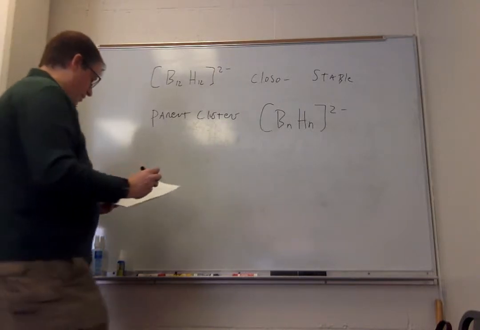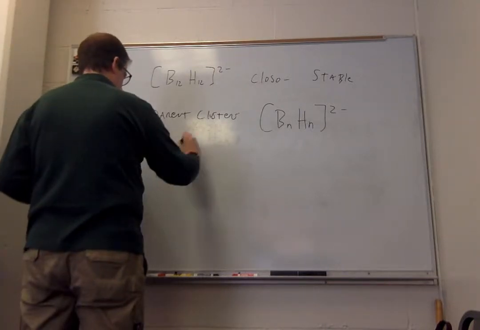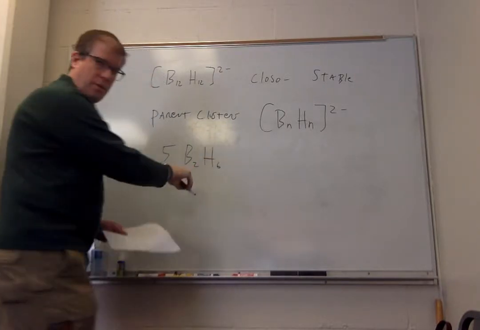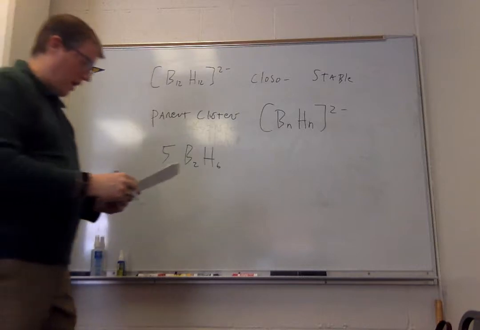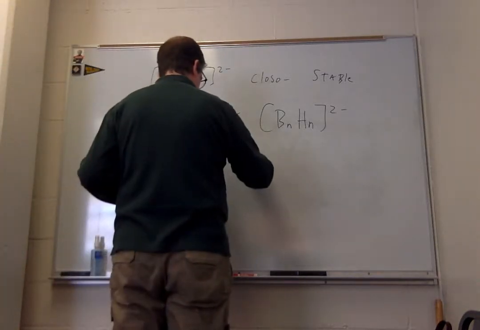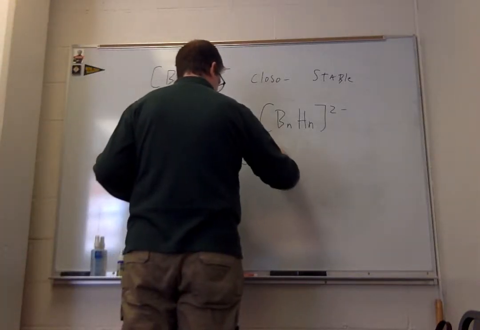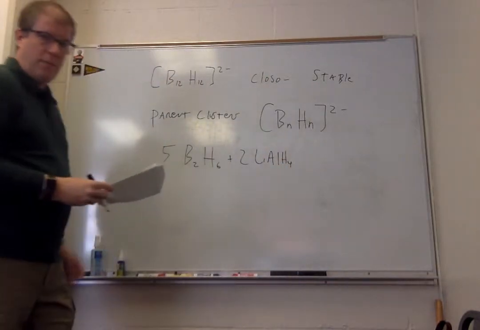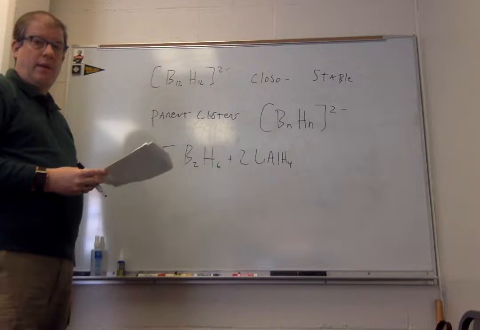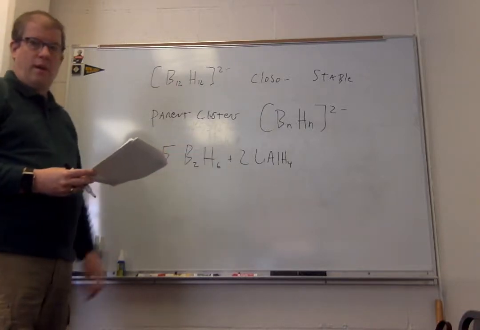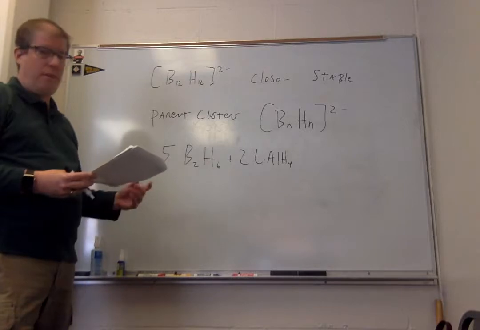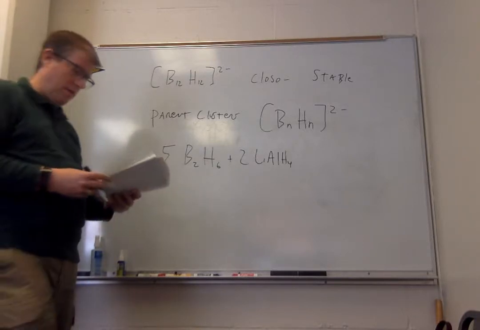So just one more synthesis for the heck of it. Again, starting with our favorite dimer here. If you combine that with lithium aluminum hydride, which we'll talk about when we get to aluminum, this is isostructural and isoelectronic with borohydride, which we already mentioned, but its chemistry is a little bit different.